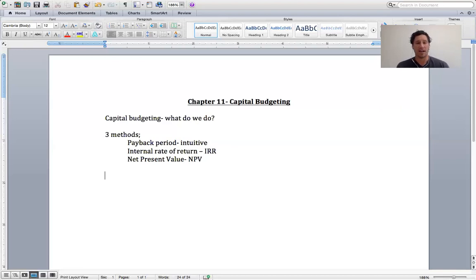So simple example, let's say a restaurant in town is trying to decide, should they expand or not? Should they add on, let's say, an outdoor patio and some new menu items and expand their business? Okay, so that's the question we're trying to figure out. Should they do this or not?